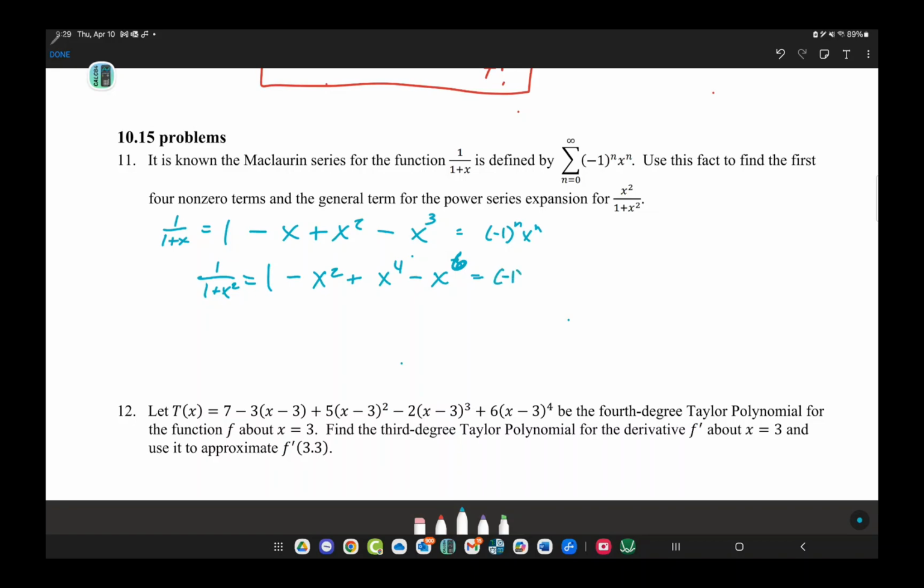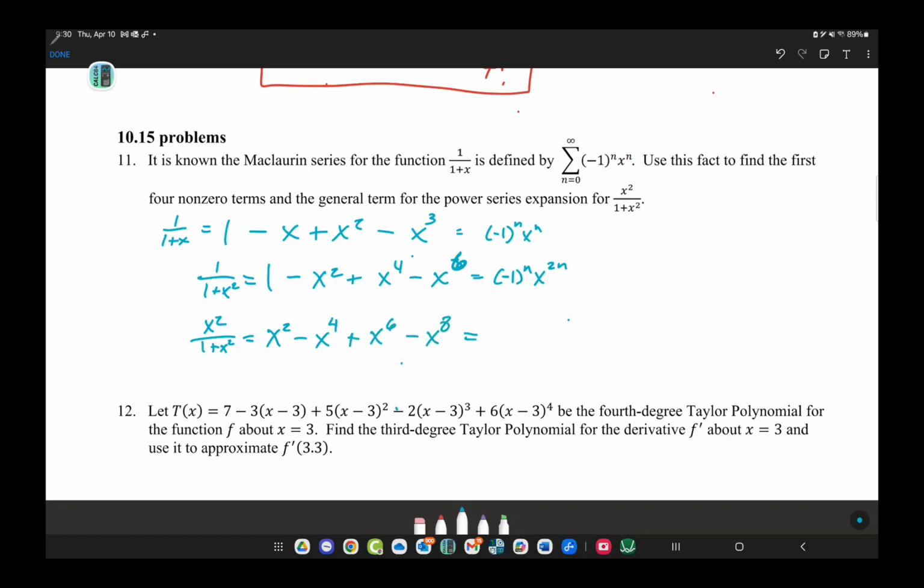This is -1 to the n, x to the 2n, right? And then what's going to happen to the x squared? Every term gets multiplied by x squared. So this becomes x squared minus x to the 4th plus x to the 6th minus x to the 8th.